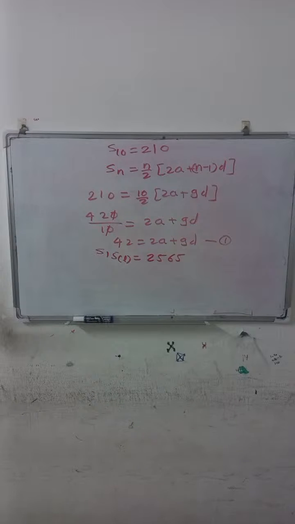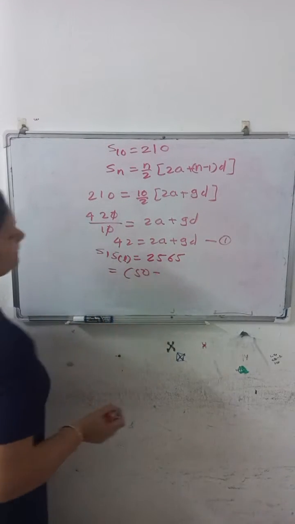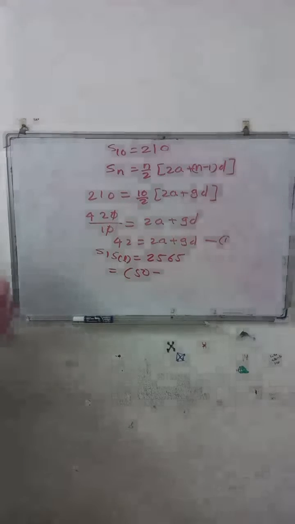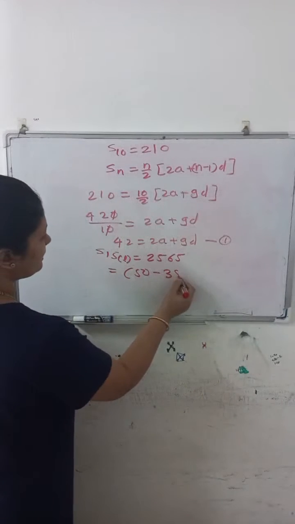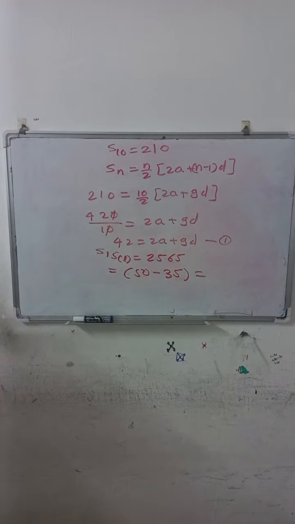Then in the last 15 terms, the first term is nothing but how much? Check. Here we can subtract from 50. How many terms remain? The last 15 terms. If you remove them, then you will get how much here? 35. So 50 minus 35 is nothing but how much?